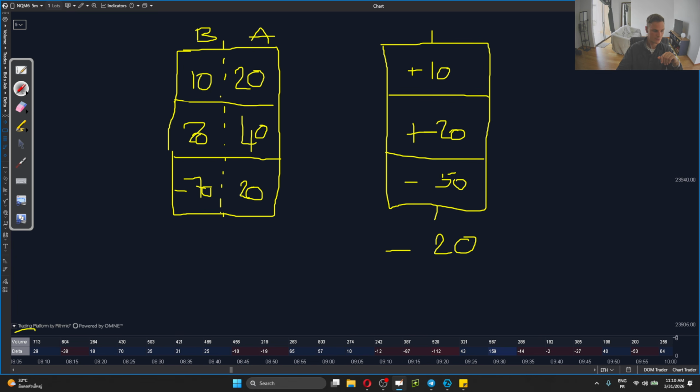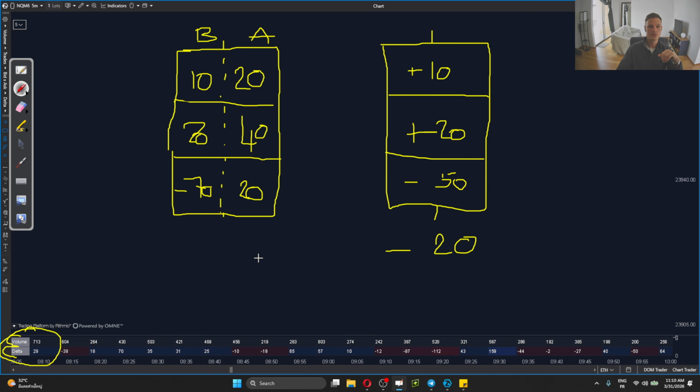So if you see what you have down here, you have the cluster with volume and delta. These numbers are giving you, for each candle, we'll go check out the candles in a minute, the delta plus 65, minus 19, minus 10, plus 25 for each of the candles that are down below here. So the delta here for this candle is minus 20, okay?